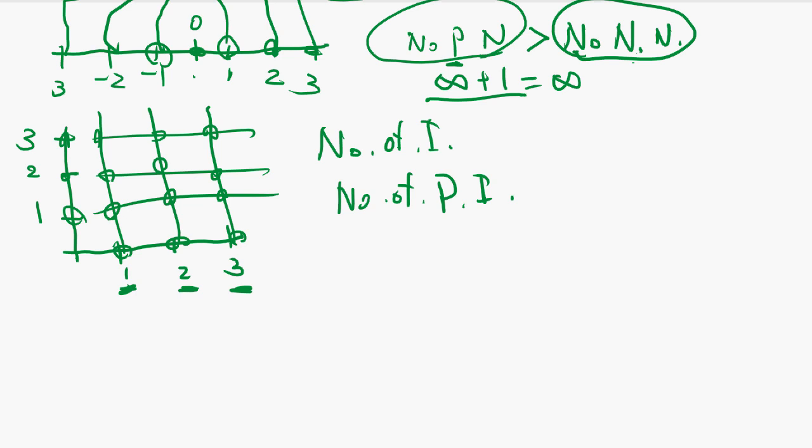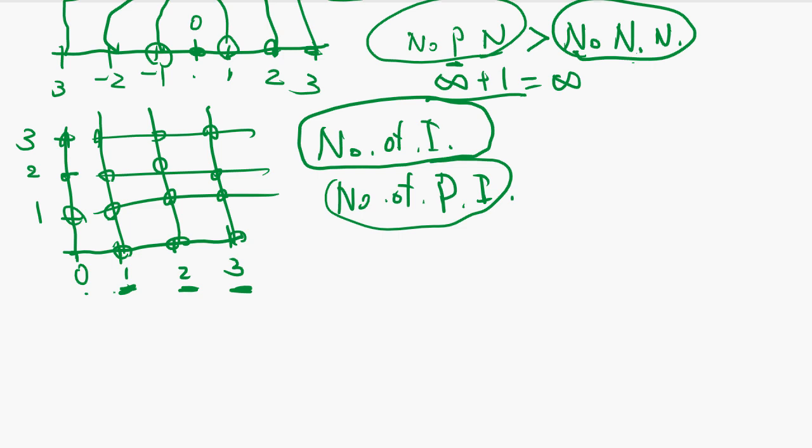Well, you look at this. For each number, you have an infinite number of intersections. So you can say this guy must be really big, bigger than this one. Can we say this?